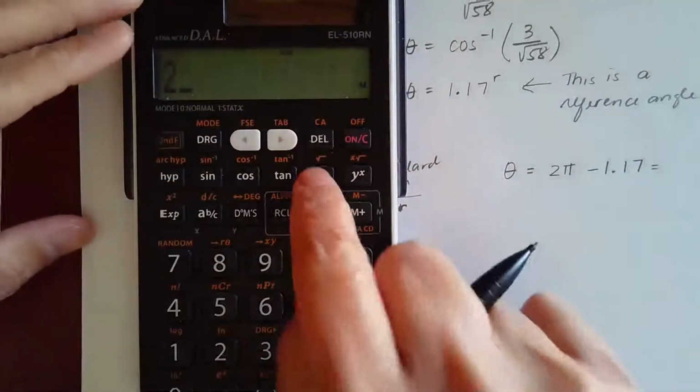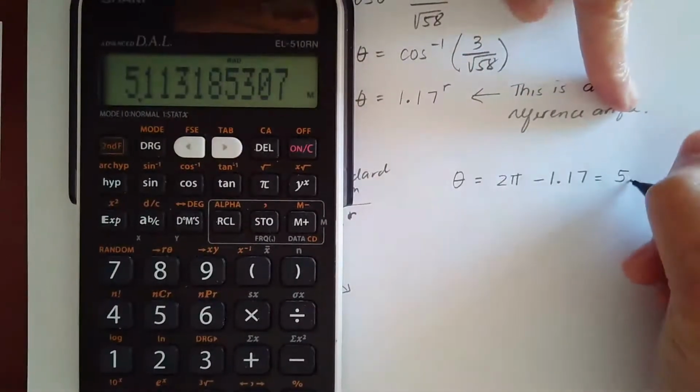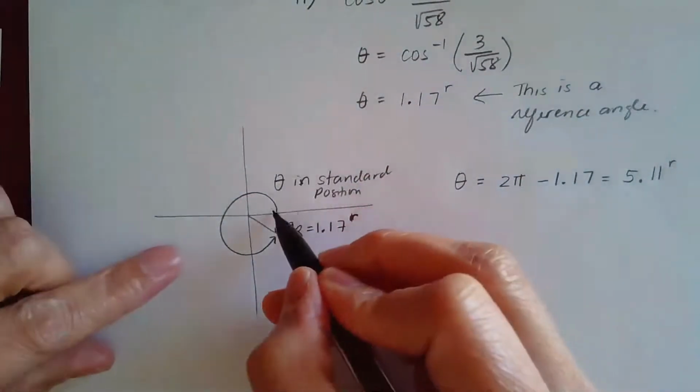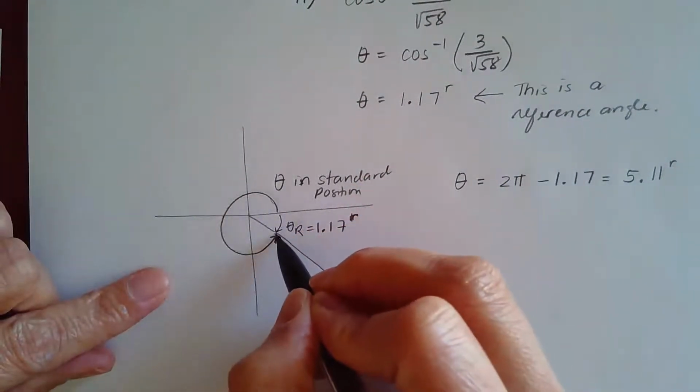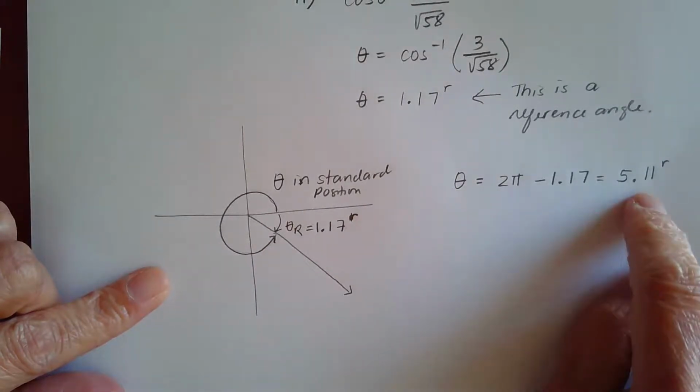So 2 pi minus 1.17 radians is going to be 5.11 radians. So from here all the way here is 5.11 radians. That's the angle in standard position.